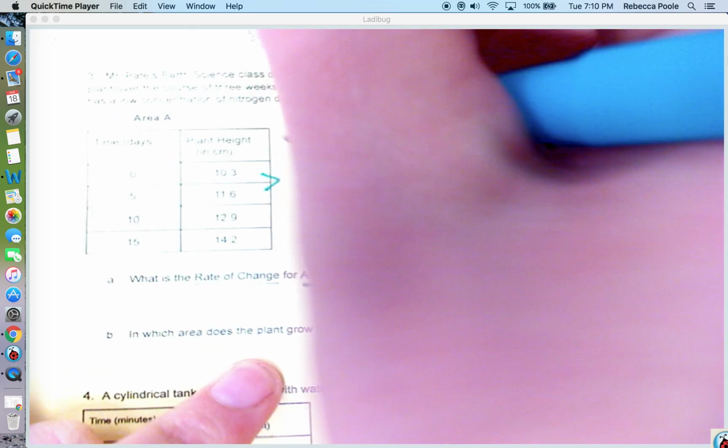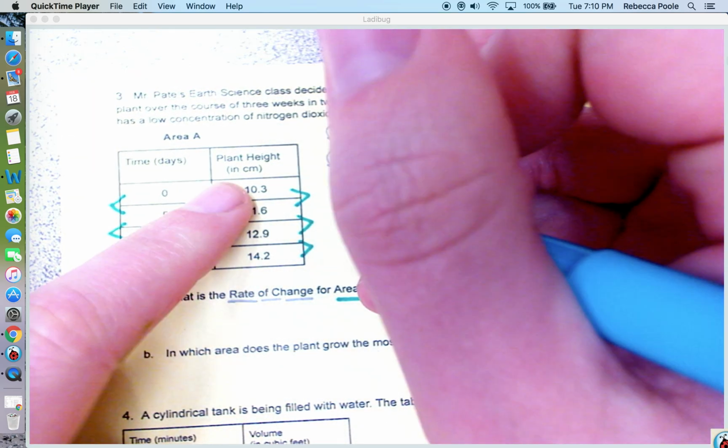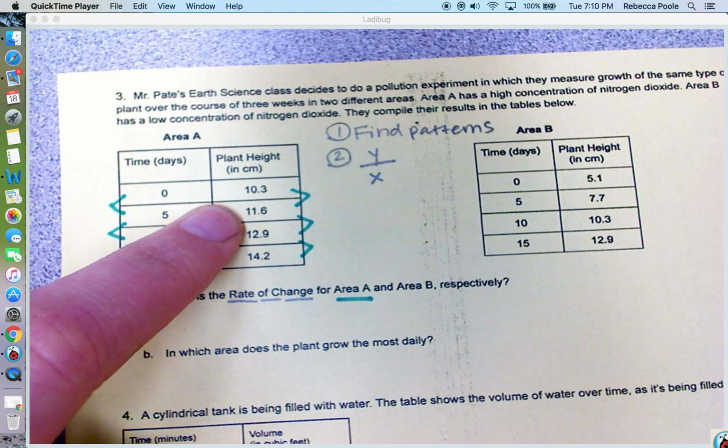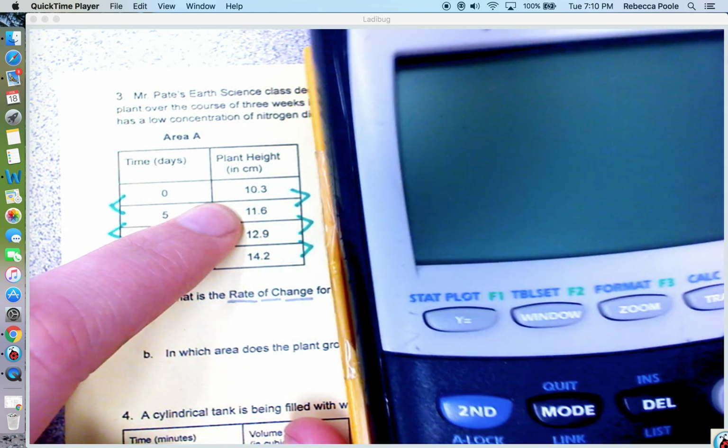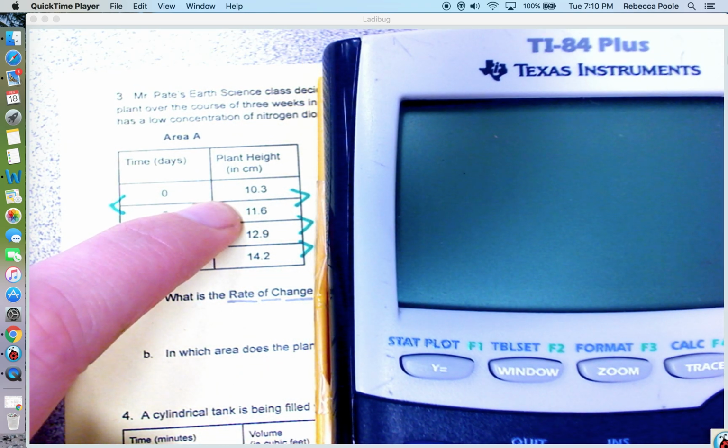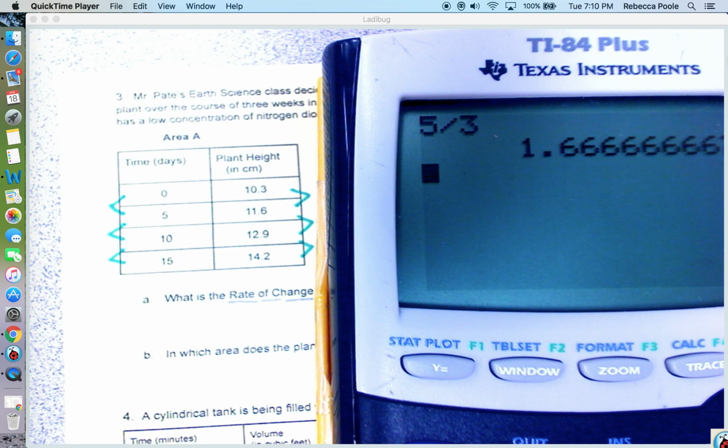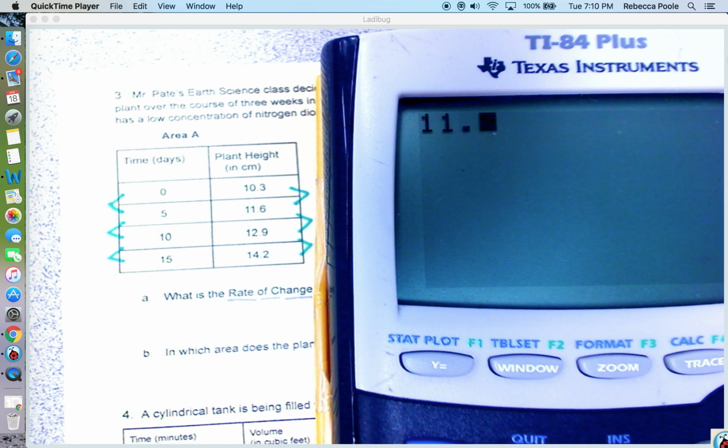For area A, I'm going to figure out how much I'm adding each time in this table. To get from 10.3 to 11.6, I need to figure out how much I added, okay? So I'm going to type in 11.6 minus 10.3. I'm going to work backwards and see how much we added.